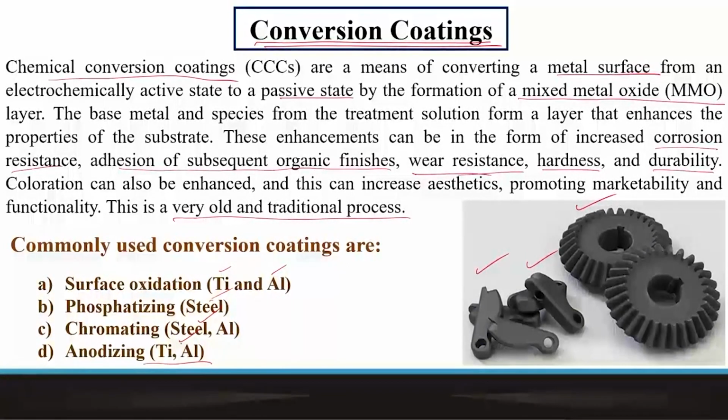When we talk of chromating, then we actually subject it to a chromium containing solution. Anodizing is a separate process where we actually convert the surface into a certain desired oxide layer, in situ oxidation process. And phosphating essentially means the reaction is with phosphate ion containing bath, so that the surface forms certain phosphide or phosphate compounds.